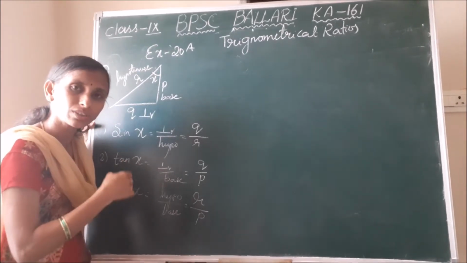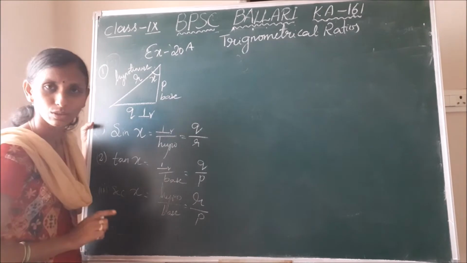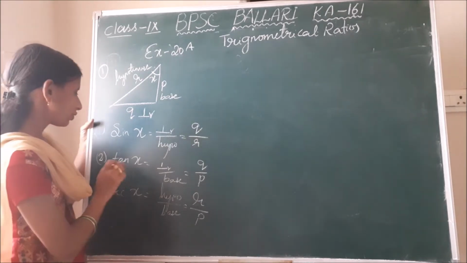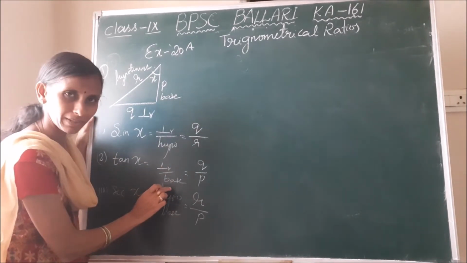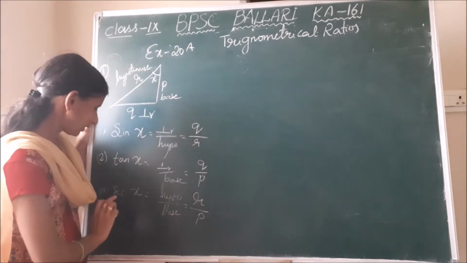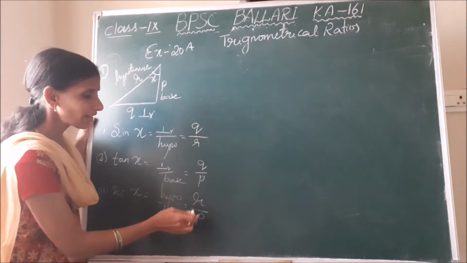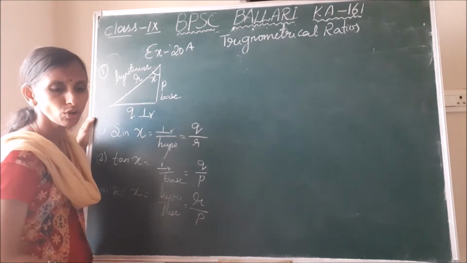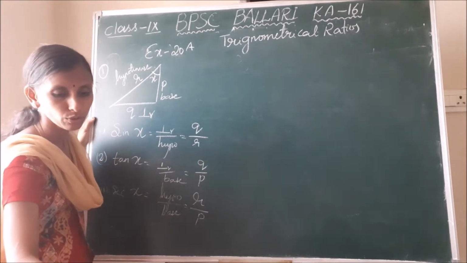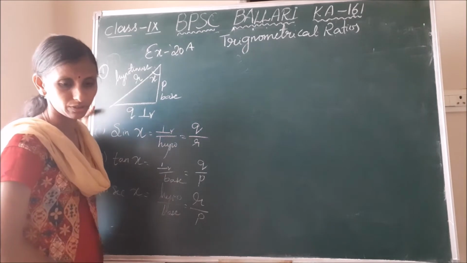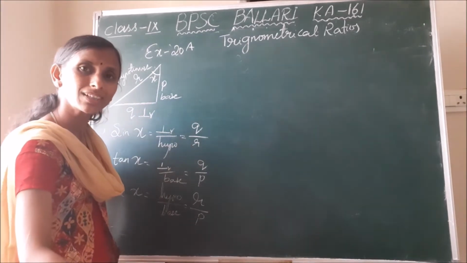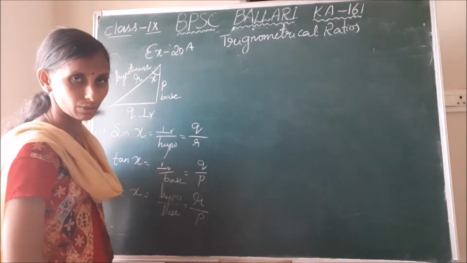Then according to that, we will answer these questions. Tan means perpendicular by base. Next, secant means hypotenuse by base, so R by P. The remaining 4 to 9, you can try on your own, for the remaining two triangles given there.